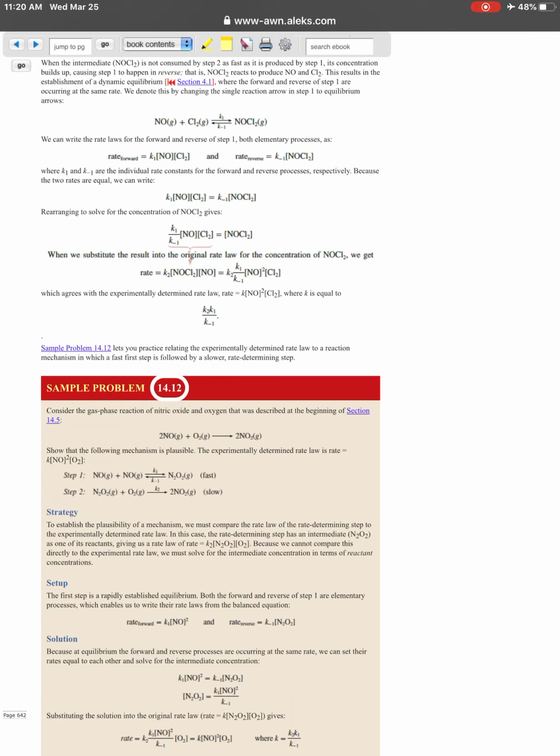Rearranging to solve for the concentration of NOCl2 gives (k1/k-1)[NO][Cl2] = [NOCl2].